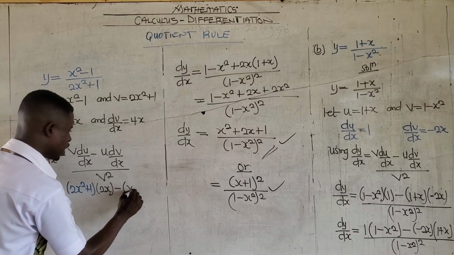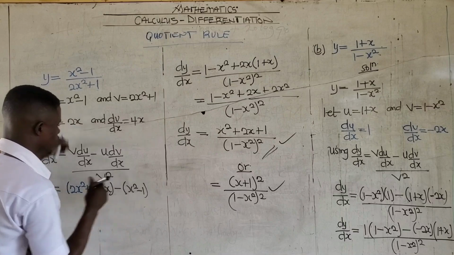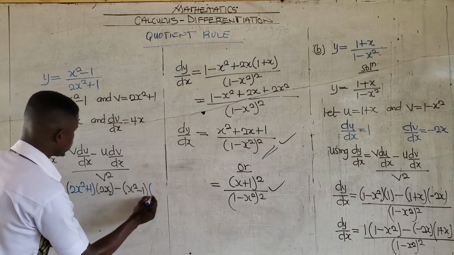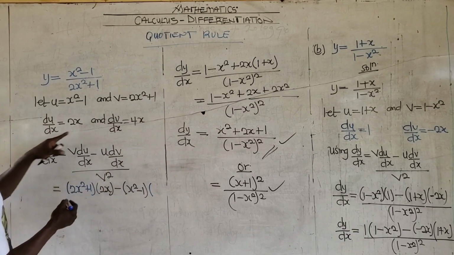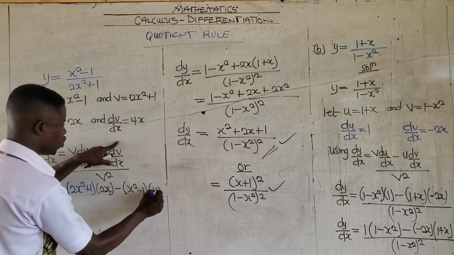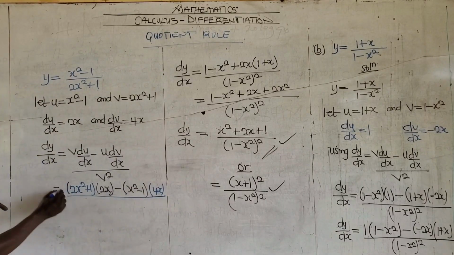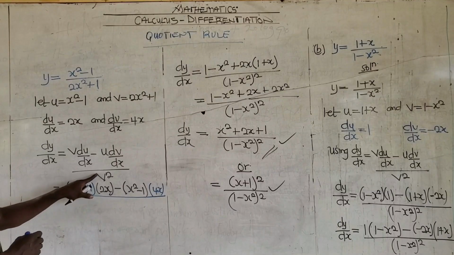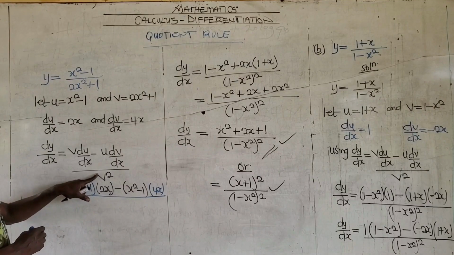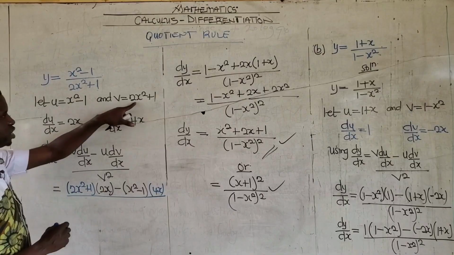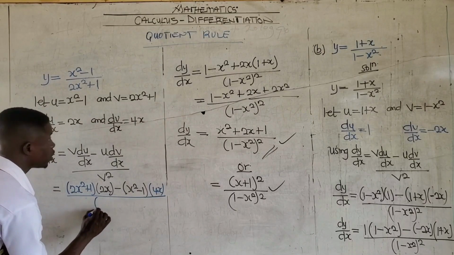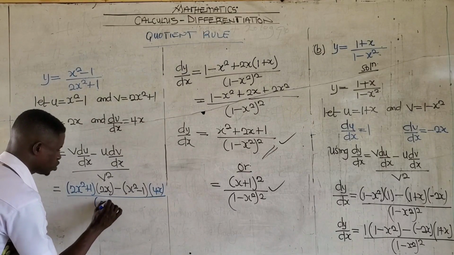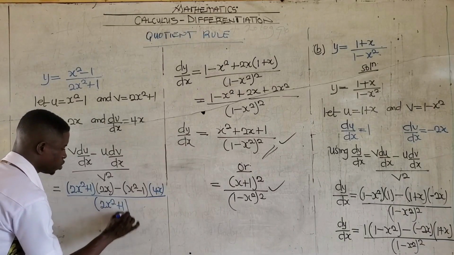U is x squared minus 1, multiplying dv over dx. dv over dx is 4x, close. All over v squared. Where is the v? V is here, all over 2x squared plus 1 all squared.